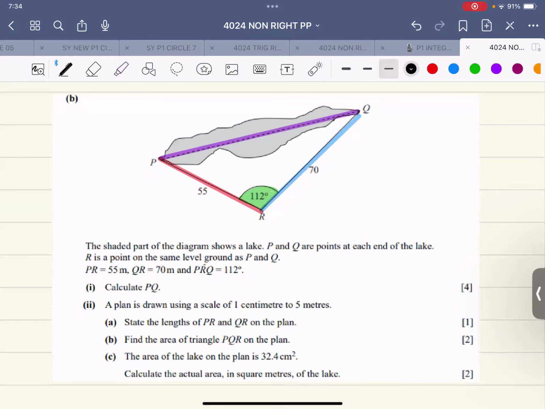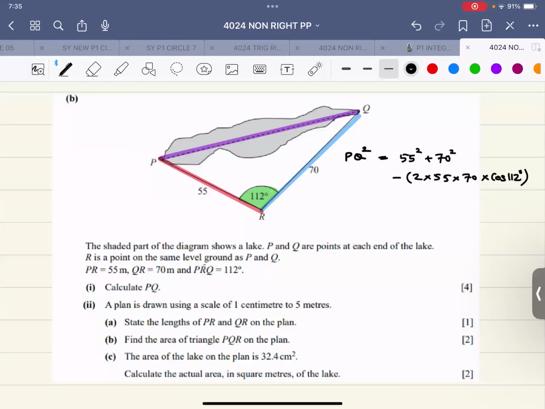So again, I'll solve it out. That's for 4 marks. So first of all, I'll write PQ squared equals 55 square plus 70 square minus 2 into 55 into 70 into cosine of 112 degrees.